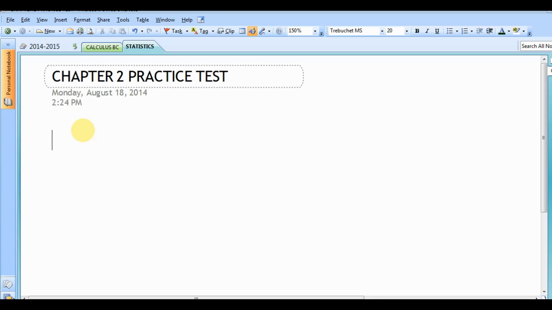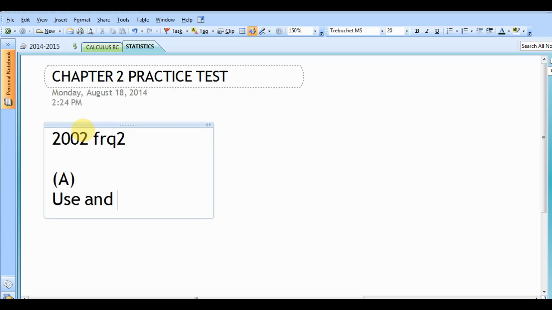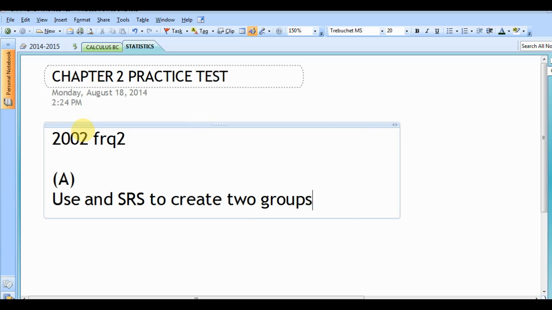Adam: You could use a simple random sample to make 2 groups of 50. One would be wearing the boots for 6 months. So we're saying use an SRS to make 2 groups of 50 subjects.